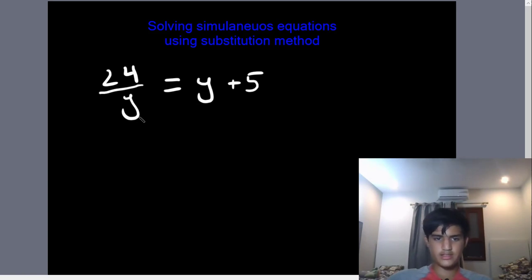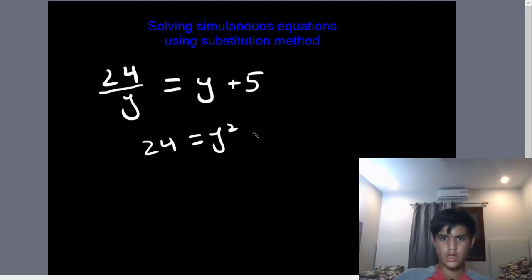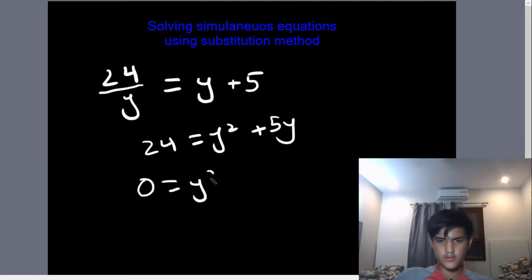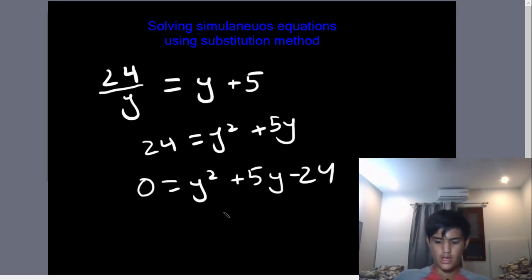So now we can take y to the other side of the equation and multiply it. So 24 is equal to y square plus 5y. So 0 is equal to y square plus 5y minus 24.